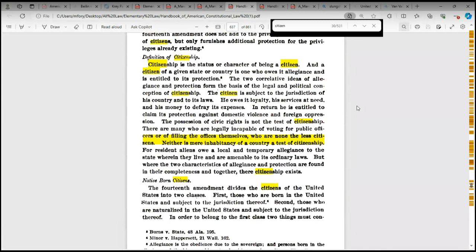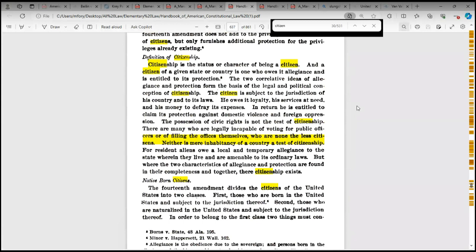The possession of civic rights is not the test of citizenship. There are many who are legally incapable of voting for public officers, or of filling the offices themselves, who are nonetheless citizens. And of course, this is American nationals.